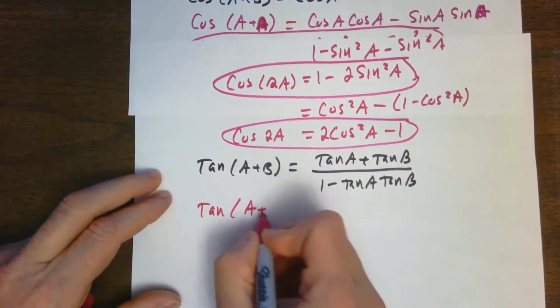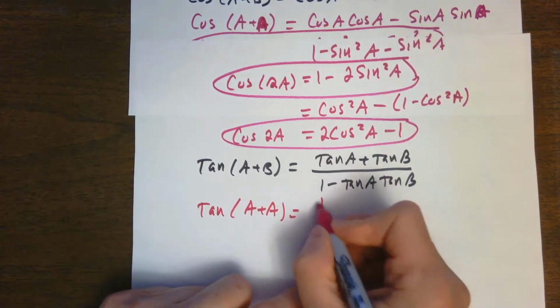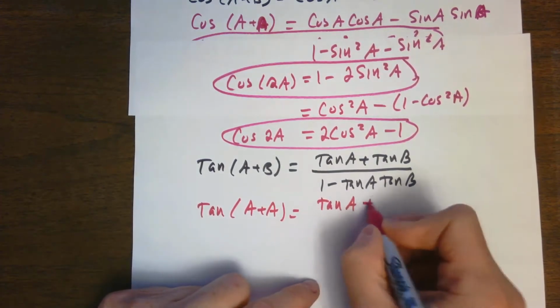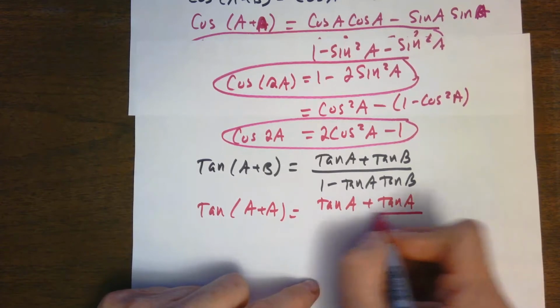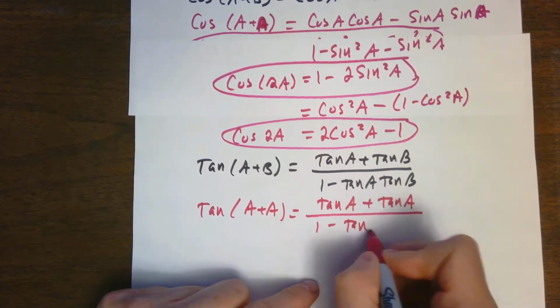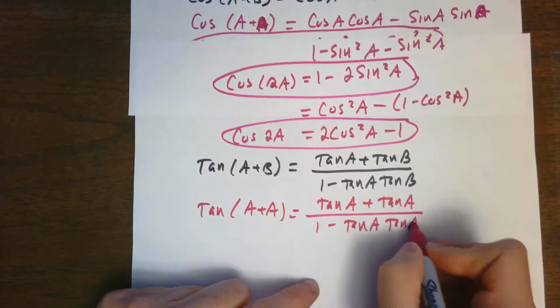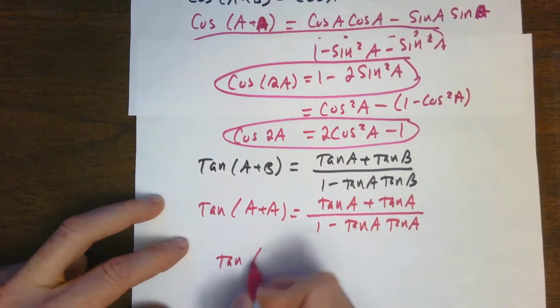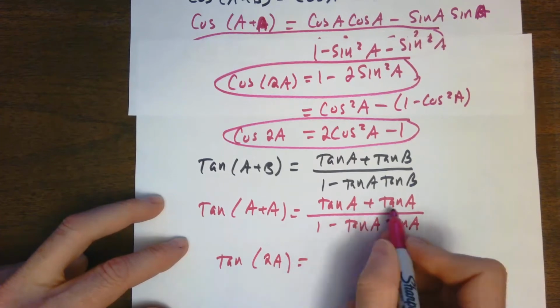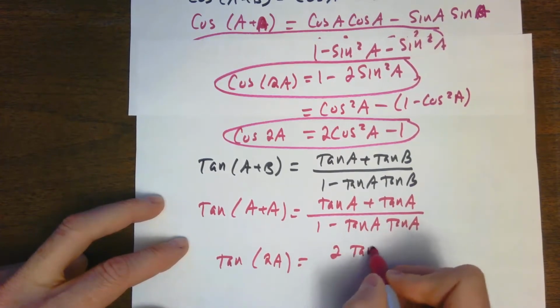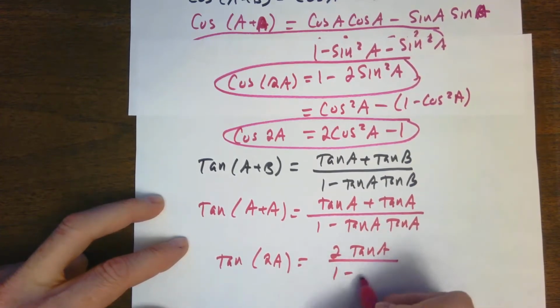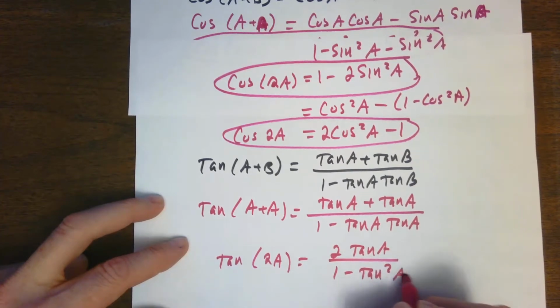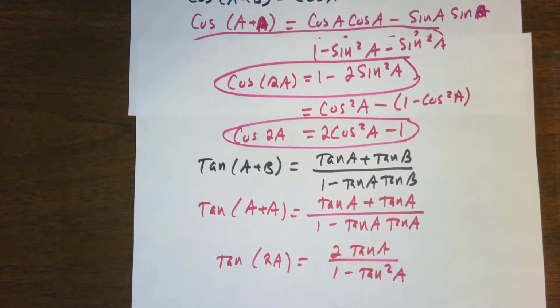The tangent of A plus A is going to be the tangent of A plus the tangent of A all over 1 minus tangent A tangent A. So this is really tangent 2A equals 2 tangent A over 1 minus tangent squared A. And I could get fancy here, and I know I've got a substitution for tangent squared that I could plug in there, but I don't think I want to do that.